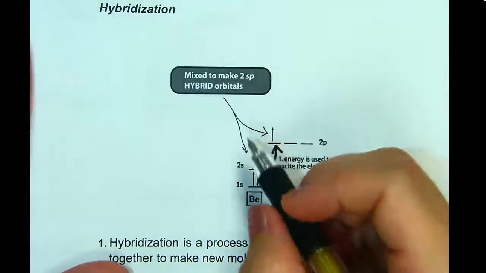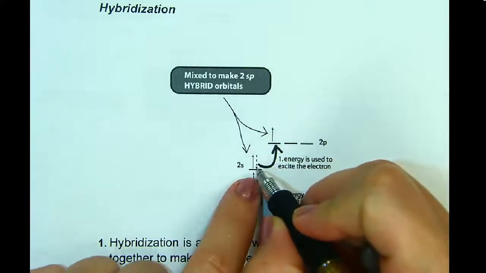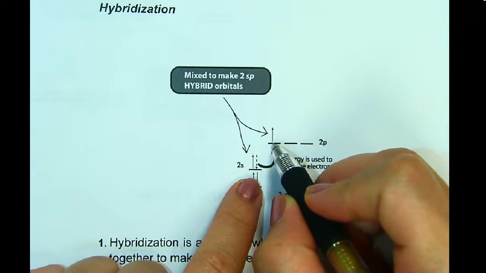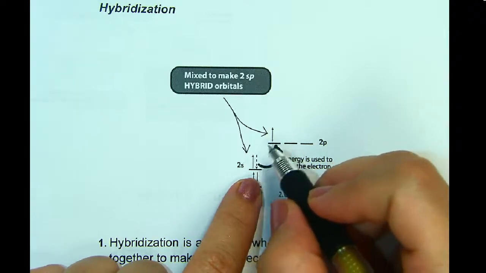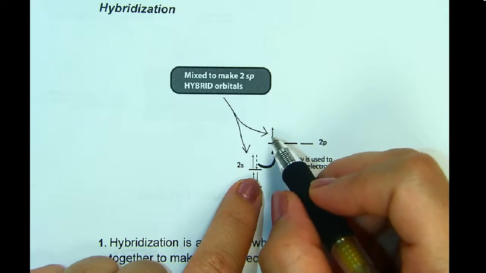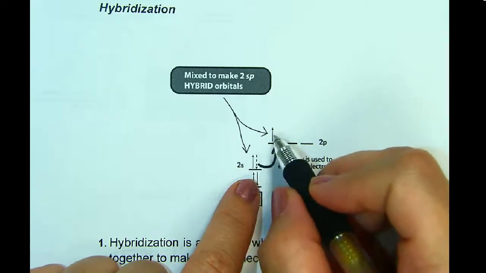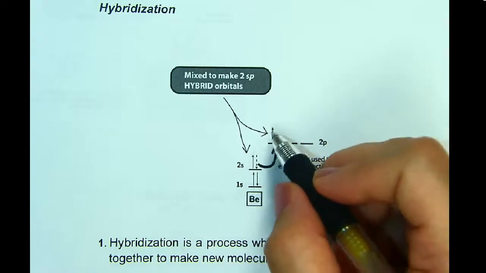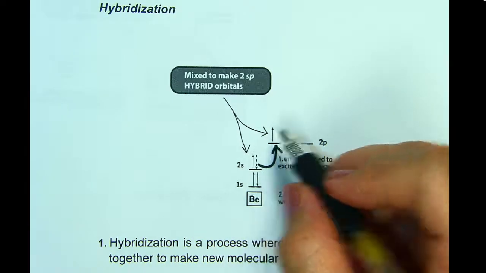This is where it's going to take one of its 2s electrons and move it over to the 2p orbital, thus giving it two single electrons, and so now it can create two bonds with these two single electrons, one hydrogen with this electron and another hydrogen with this electron.